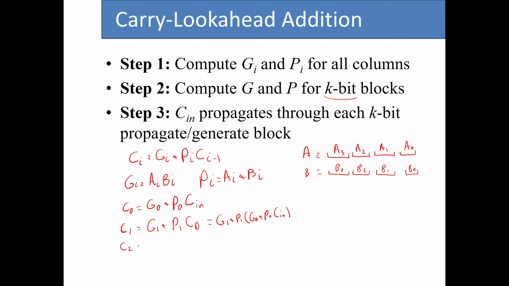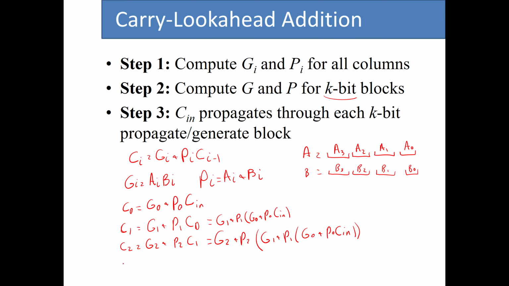For C2, we have G2 plus P2 multiplied by C1. And we do the same thing. We replace this C1 with the value that we have from the previous stage. So this becomes G2 plus P2 multiplied by G1 plus P1 multiplied by G0 plus P0 multiplied by Cin.